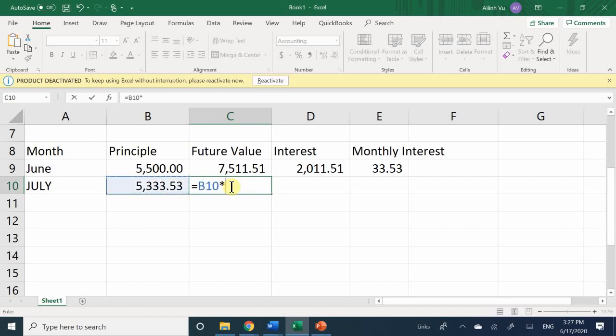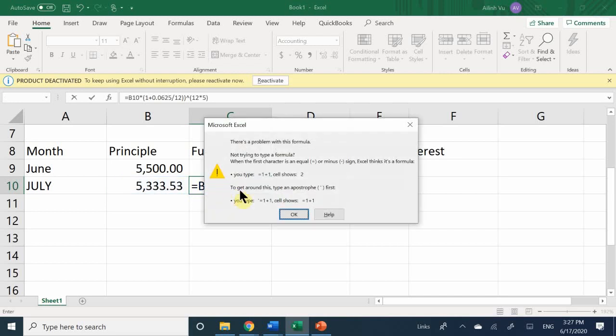We're going to multiply that by 1 plus our rate, which is what? 6.25. Yes. And we're going to divide that by 12. And then how many years is this loan? 5.